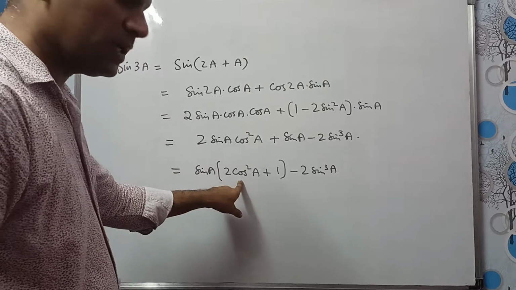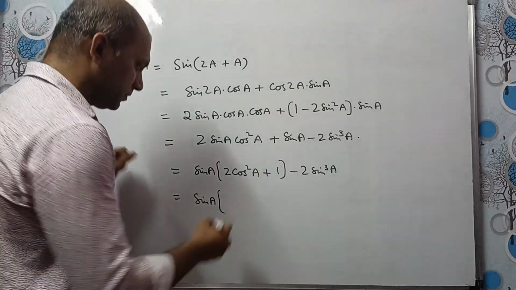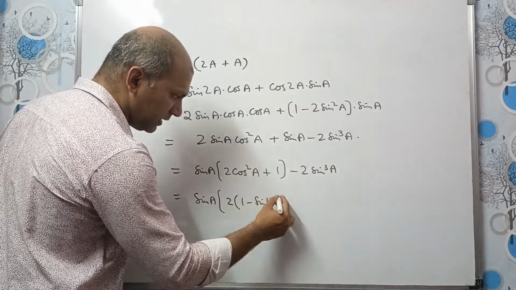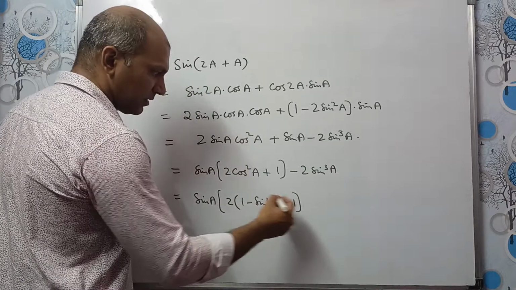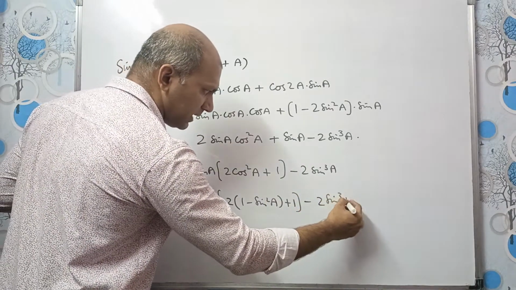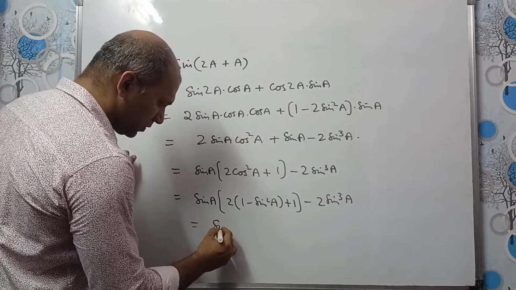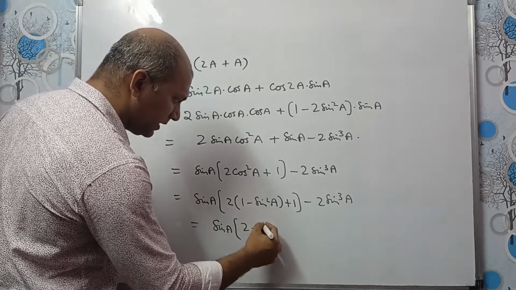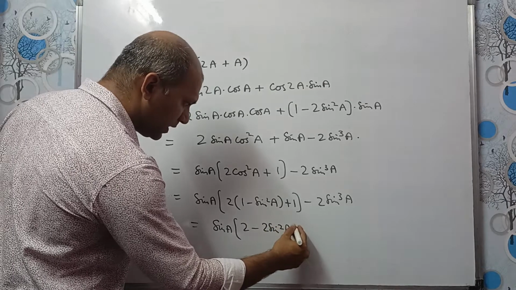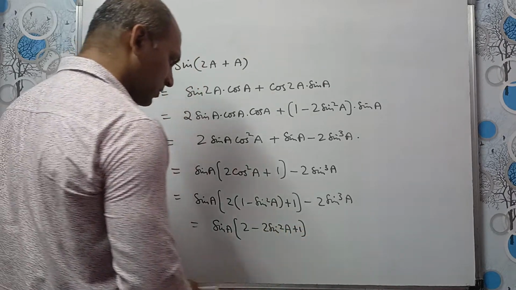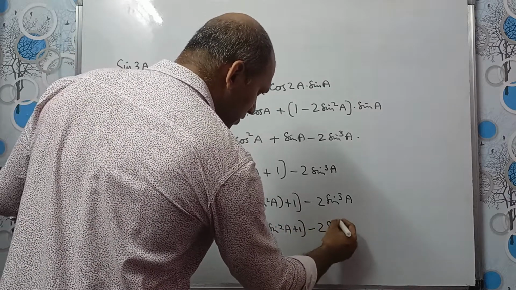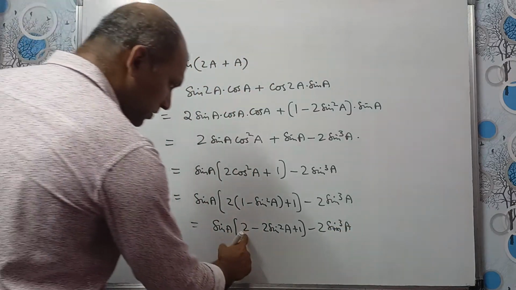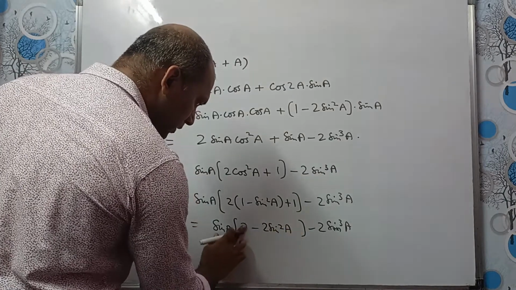So this is sin A. What is cos square A? Can we write 1 minus sin square A here? Yes. Minus 2 sin cube A. So this is sin A multiplied by 2 minus 2 sin square A plus 1, minus 2 sin cube A. So this is 2 plus 1, which will be equal to 3.